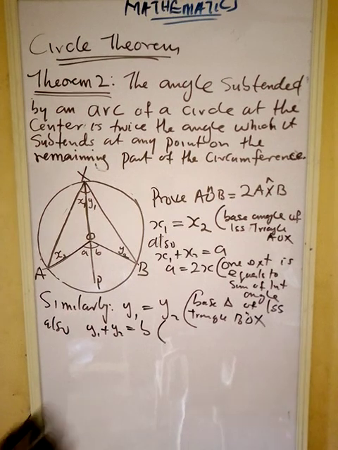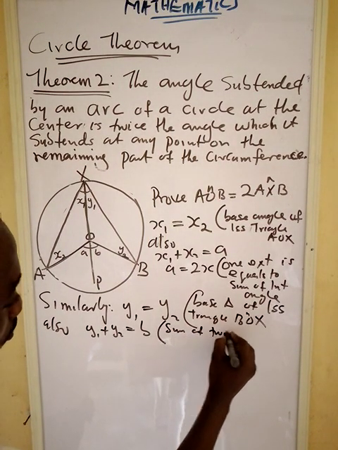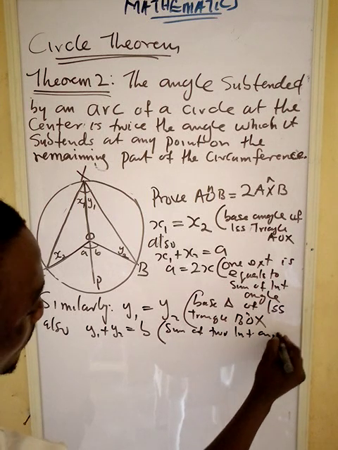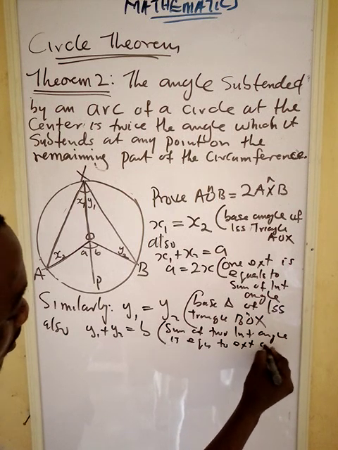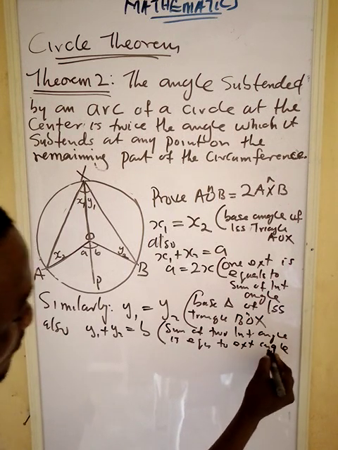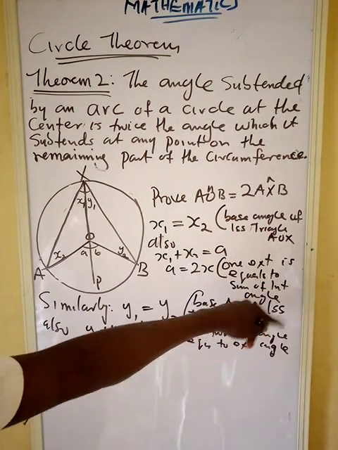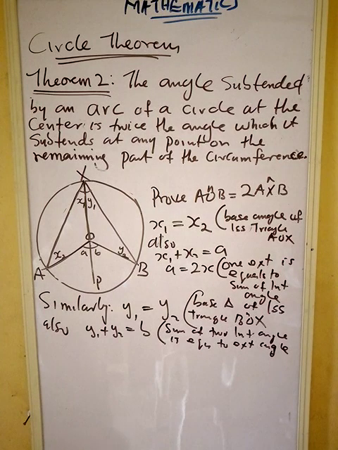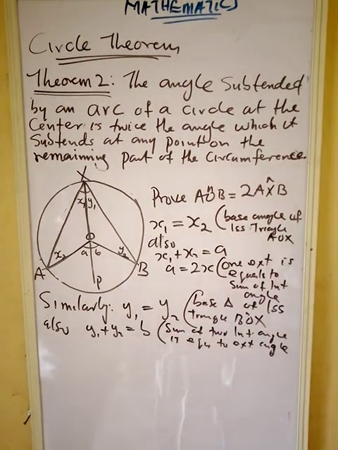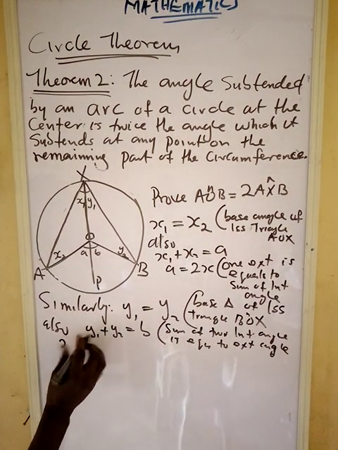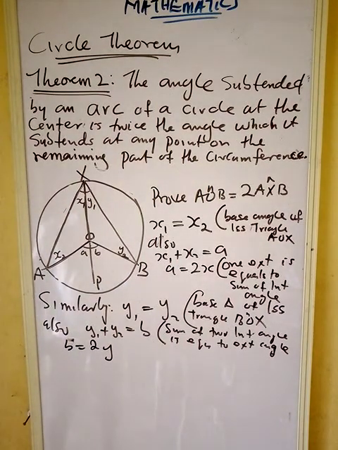B. Why? The sum of the two interior angles is equal to the exterior angle. So it's the same thing. One exterior angle is equal to the sum of the two interior angles. That means from here we have B, y plus y gives us 2y.